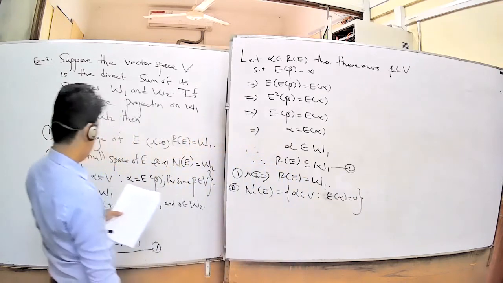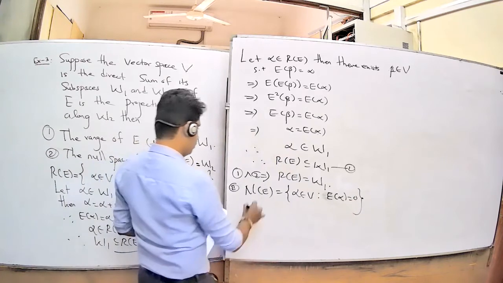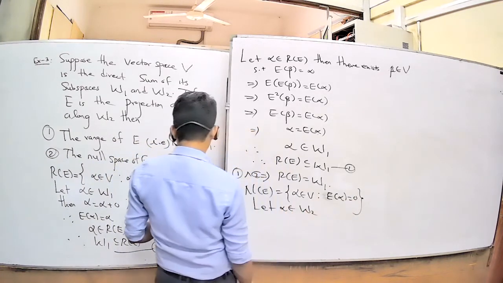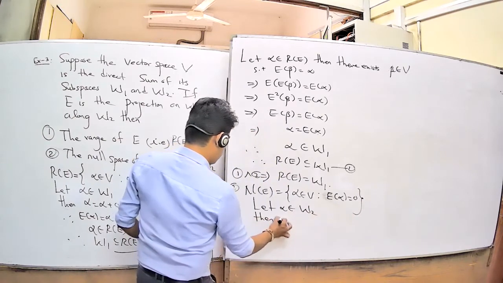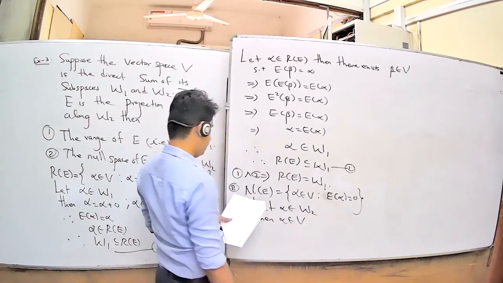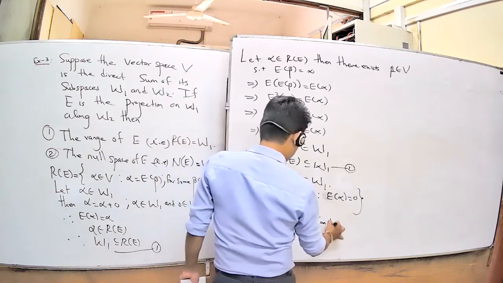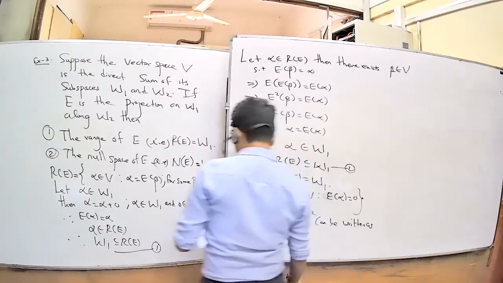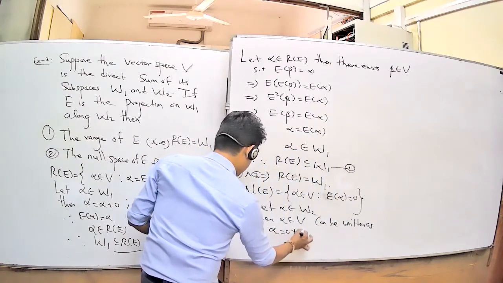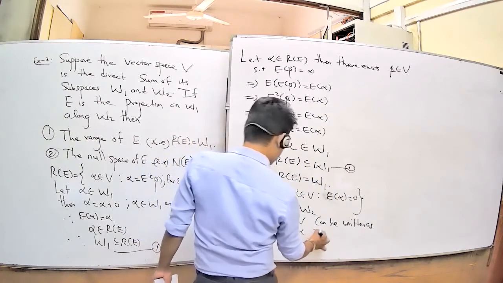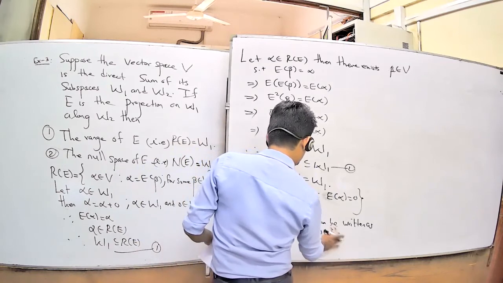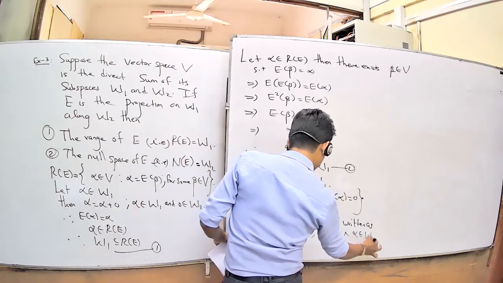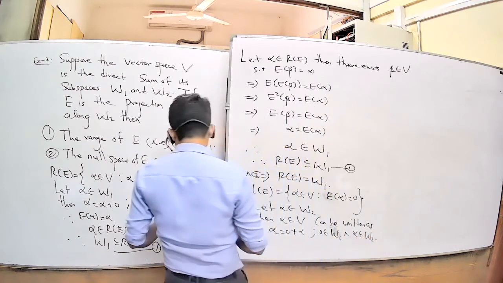Let alpha belong to W2, then alpha belonging to B can be written as alpha equals 0 plus alpha, where 0 belongs to W1 and alpha belongs to W2.